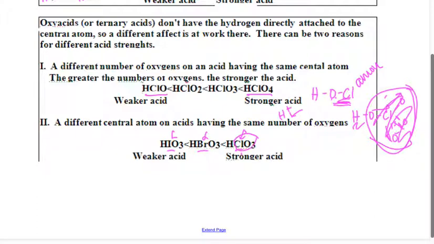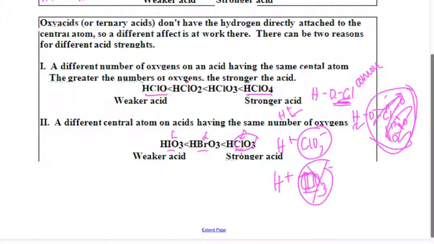Since it's more electronegative, it's going to be happier being in this state than the IO3 ion will being as a negative. This one's not as happy as that is. So this is more apt to kick away the H, making a stronger acid. Okay? So that's just kind of the idea of how structure contributes to strength.